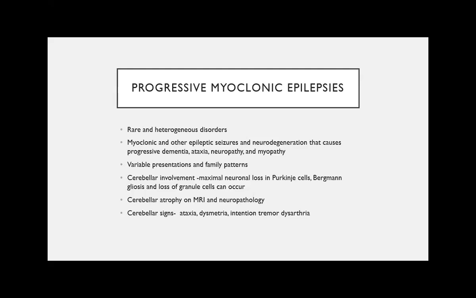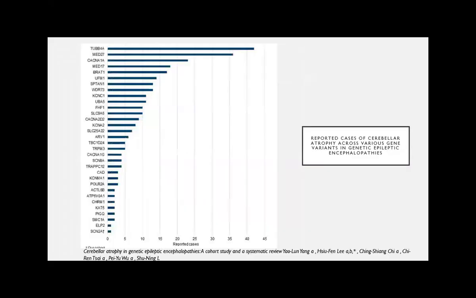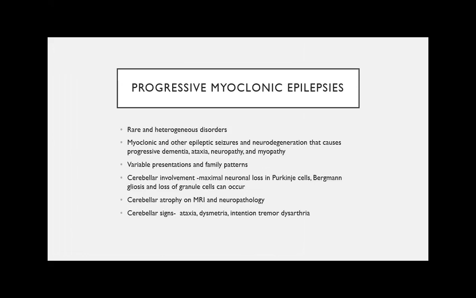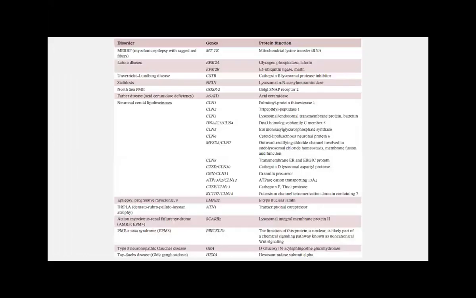And cerebellar involvement in PME is by maximal neuron loss in Purkinje cells, Bergmann gliosis, and loss of granule cells. And in MRI and neuropathology, there will be cerebellar atrophy, and patients can have cerebellar signs like ataxia, dysmetria, intention tremor, and dysarthria.